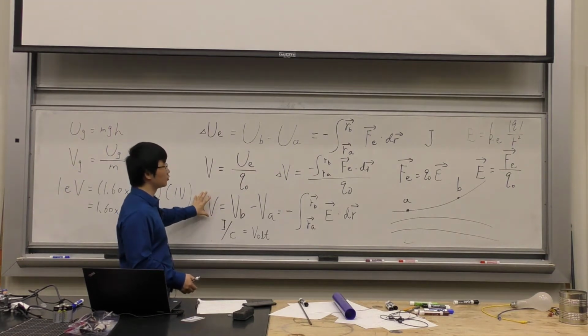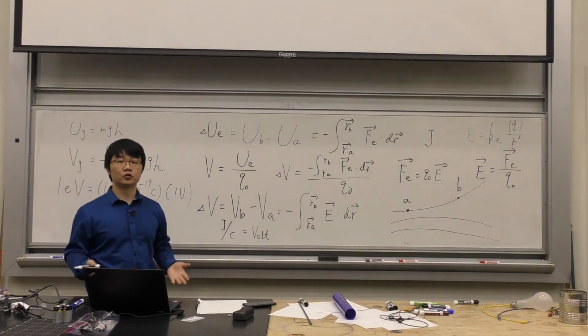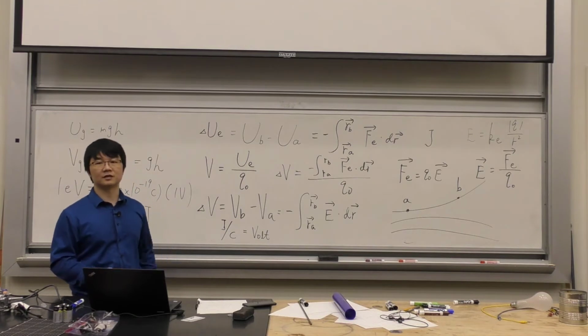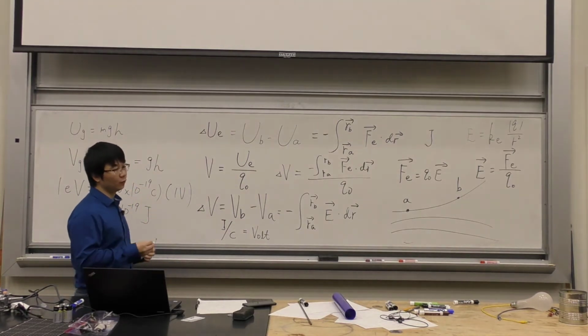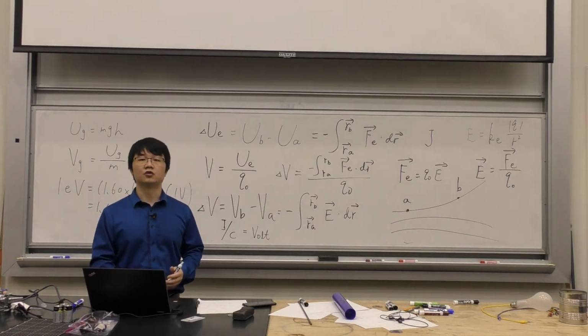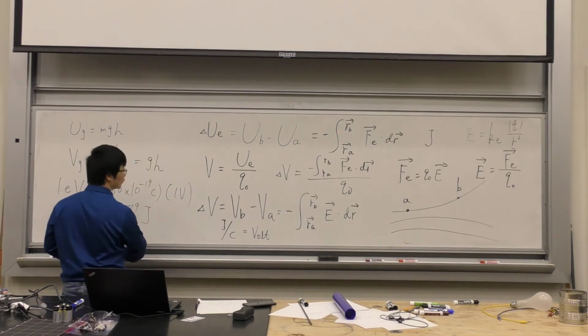Because once you have a theory for potential, you can always calculate the potential created from any electric field. And then if you want to find a potential energy, easy, multiply that by the test charge, okay? Now we're going to start with the simplest case. What is the simplest electric field? A uniform electric field, right? Okay, let's start with the uniform electric field.